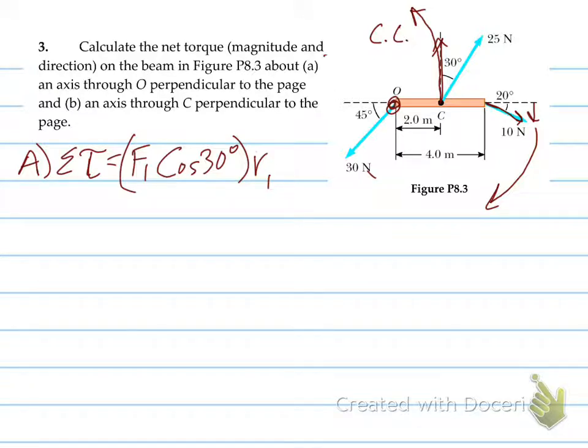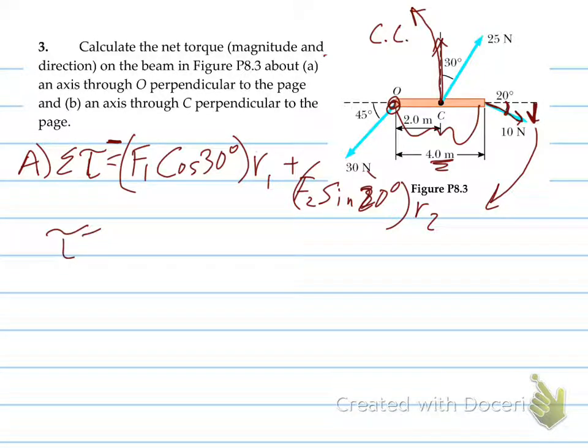It really doesn't make a difference which one is positive and which one is negative, but let's say F1 cosine 30 R1 is the negative one because it's counterclockwise. Then we would add it to F2, and the y component from this angle is the opposite side, so the sine of 20 degrees, and then don't forget you have to multiply it by the distance away from the point of rotation, which is that 4 meters.